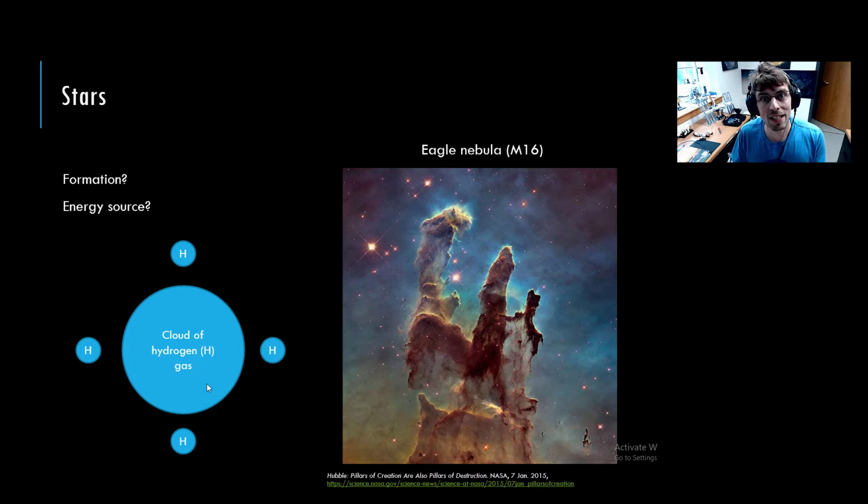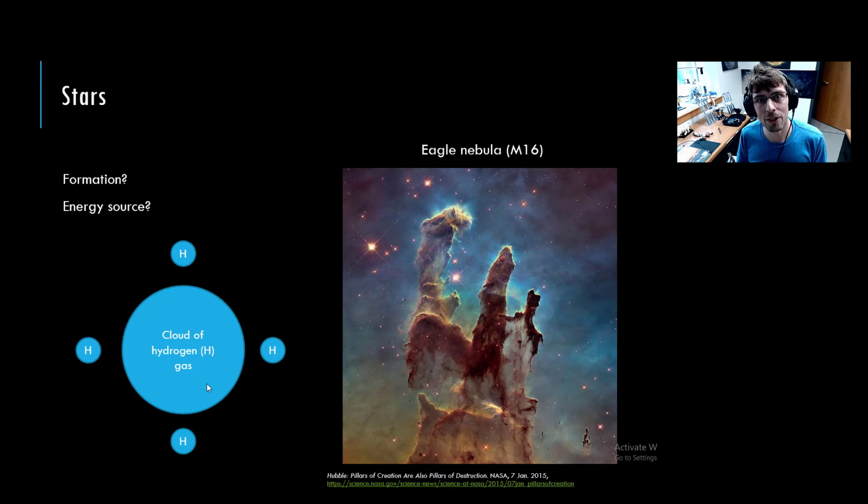So the ingredient list, one cloud of gas, we give it millions, hundreds of millions, maybe even billions of years to gravitationally collapse. During that gravitational collapse, the temperature of the gas increases.